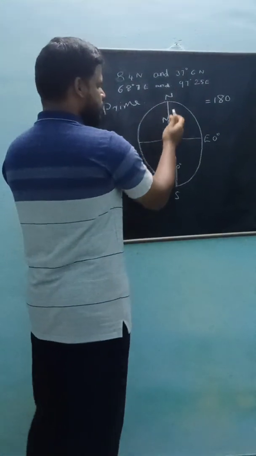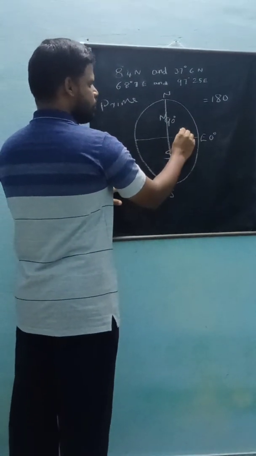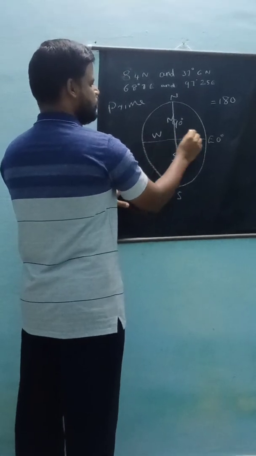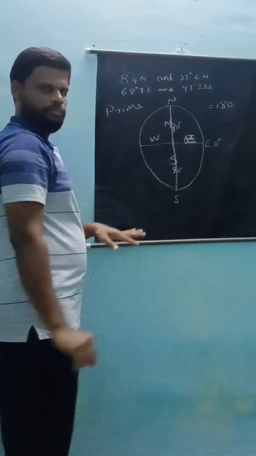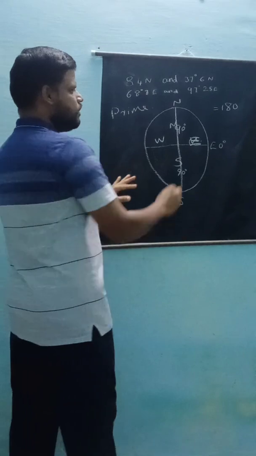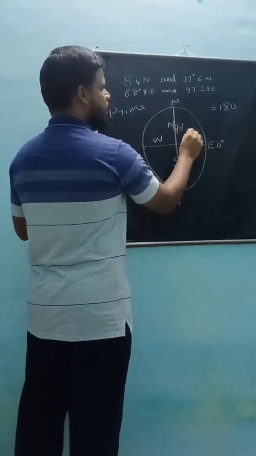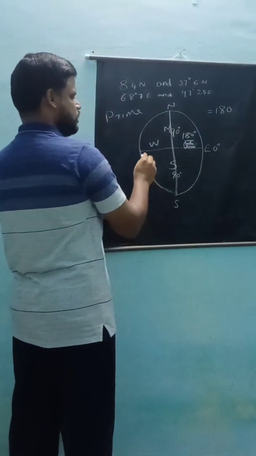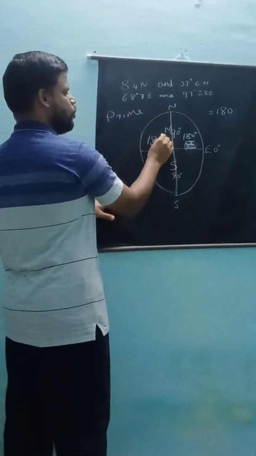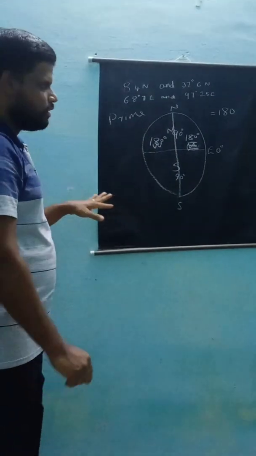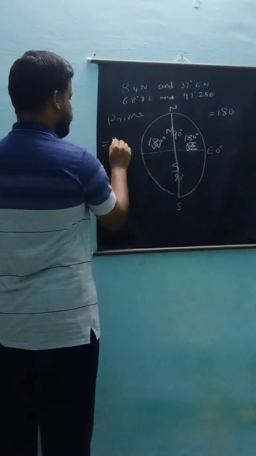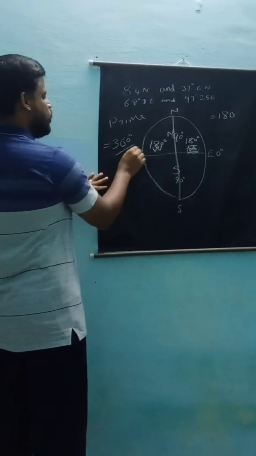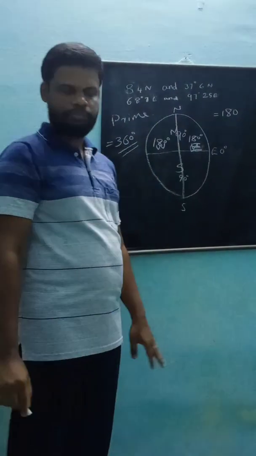The prime meridian divides the globe into two, western hemisphere and eastern hemisphere. In the eastern hemisphere 180 longitude lines are there and the western hemisphere also has 180 longitude lines. So 180 plus 180, total 360 longitude lines are there on the globe.